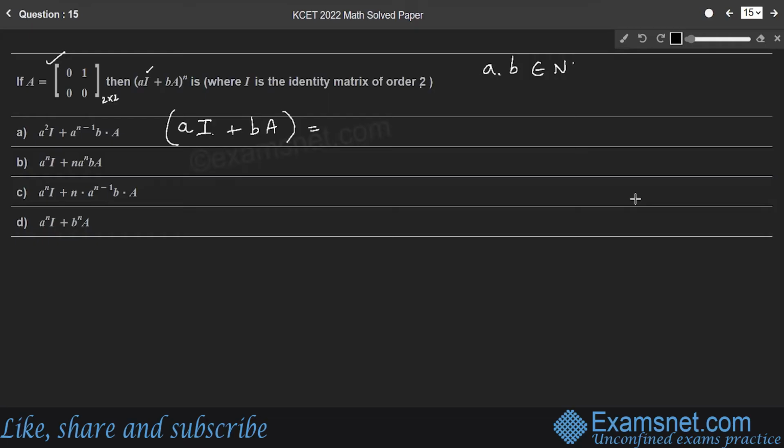Since a is a natural number, when a is multiplied with an identity matrix, we'll consider it separately. So aI is a, 0, 0, a, a 2 by 2 matrix. I is the identity matrix of order 2. Plus b into matrix A. Matrix A is 0, 1, 0, 0.